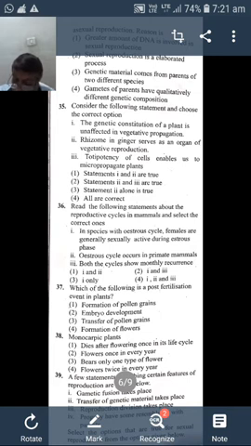Next, offspring formed by sexual reproduction exhibit more variation than those formed by asexual reproduction. The reason is greater amount of DNA is involved in sexual reproduction.